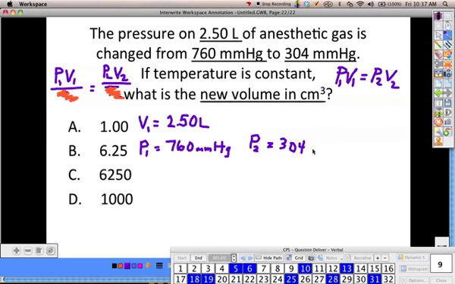It wants to know what the new volume is, so V2 is equal to something, and I want my unit to be in centimeters cubed. Is liters the same thing as centimeters cubed? It's not, so I'm going to have to make a conversion. I could either make a conversion right away, or at the very end.